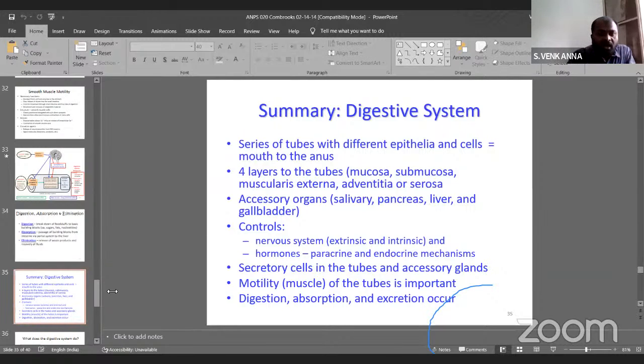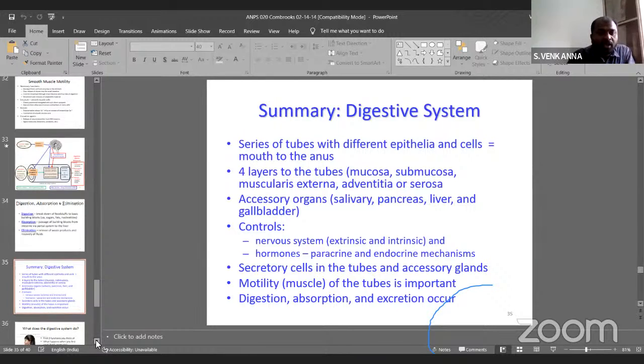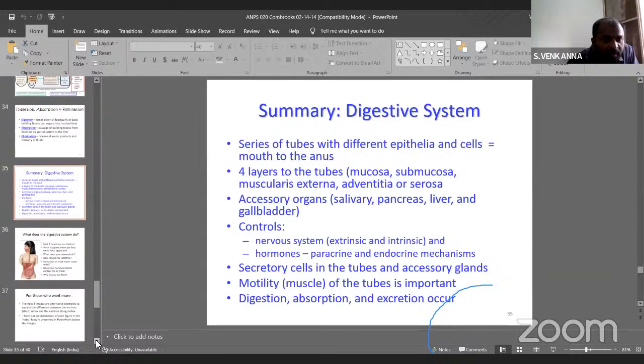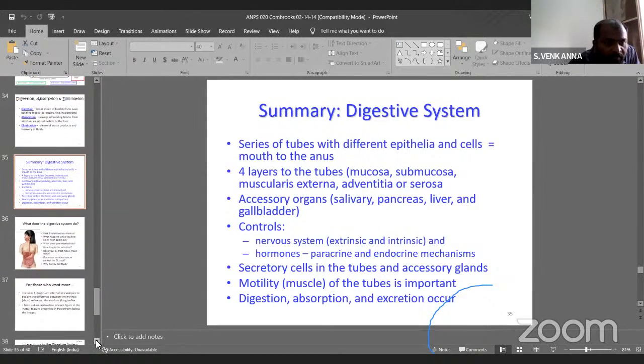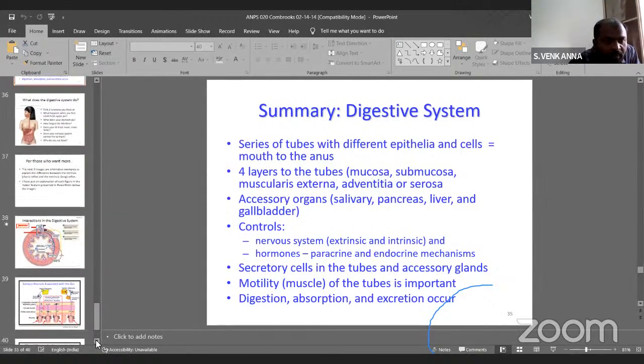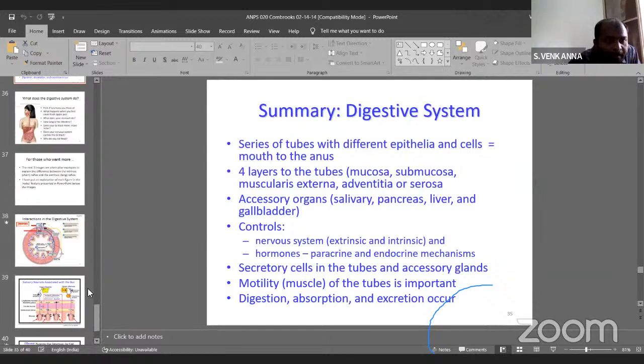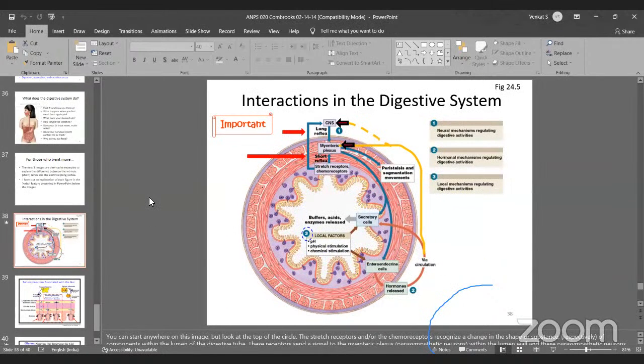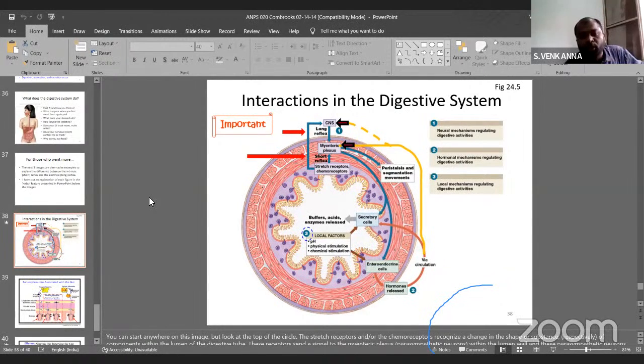So this is the summary of the digestive system, with four layers, from mouth to anus. One structure is the internal side of the digestive system. The important one is the lumen.